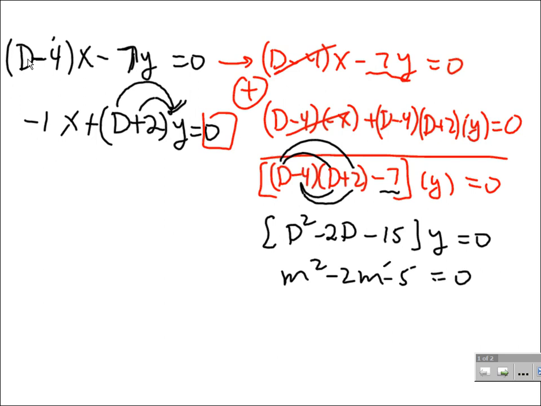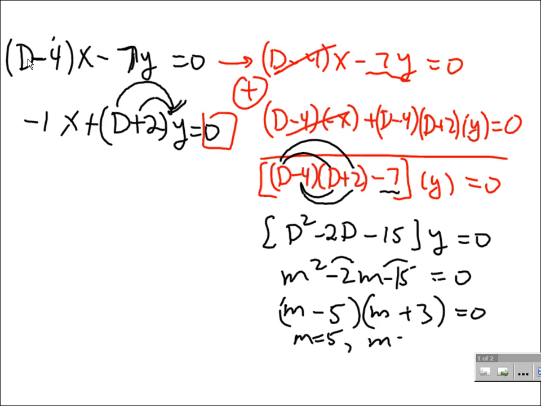When two numbers multiply to negative 15 and add up to negative 2, those numbers are going to be negative 5 and plus 3. So m equals 5 is one solution, and negative 3 is the other.